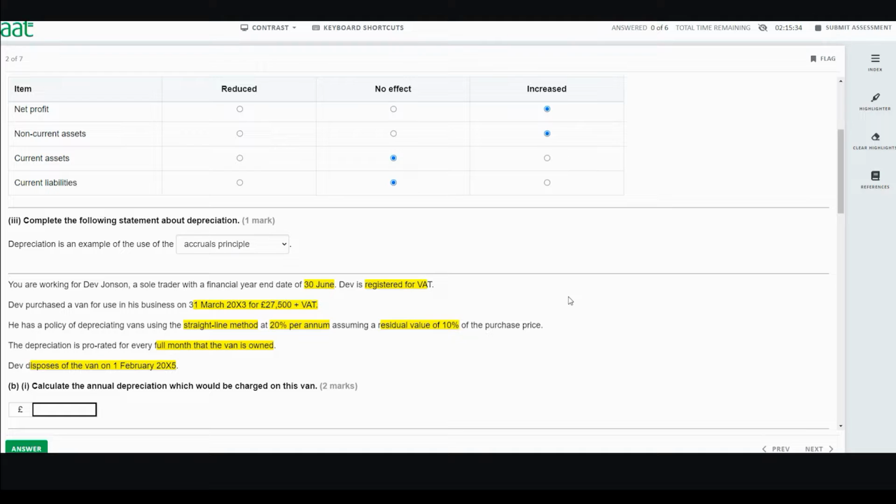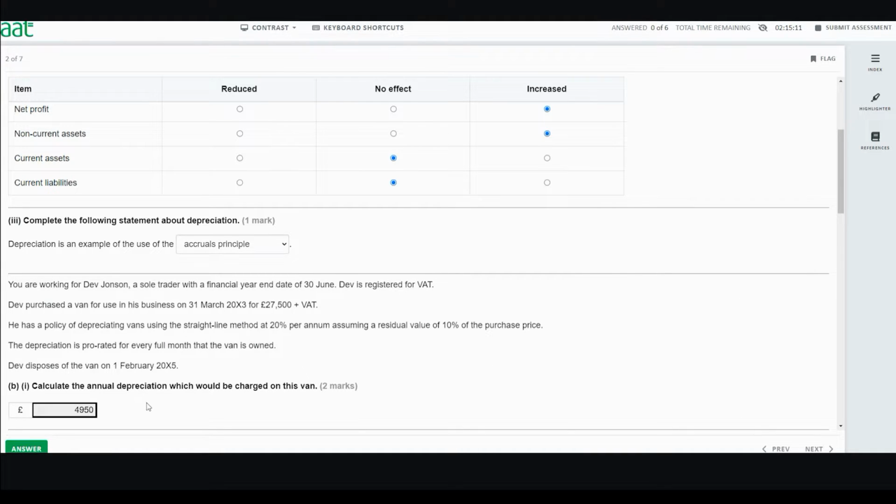That's the amount we start with. Times that by the 20% per annum gives you 4,950 per annum. So that's your depreciation charge for the year.